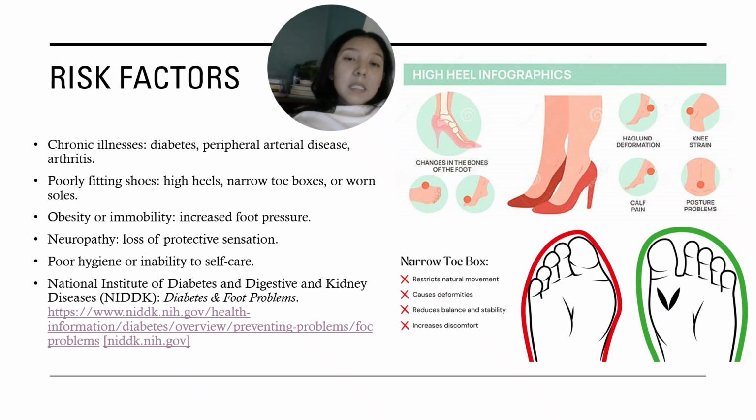Obesity or immobility also increase pressure points, which leads to pain and deformities. There's also neuropathy, which reduces protective sensation, so injuries go unnoticed. And there's poor hygiene or an inability to perform self-care, which can cause infections and other complications. Recognizing these risk factors is essential for prevention and early intervention.